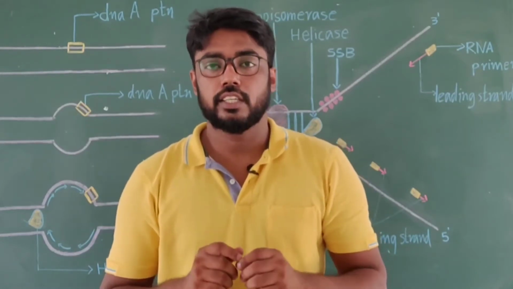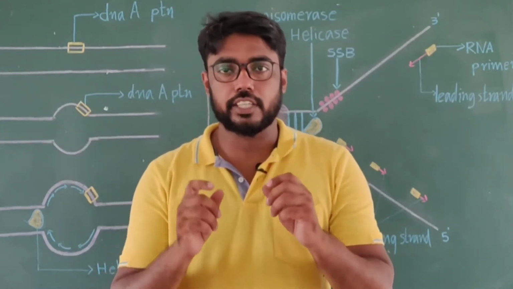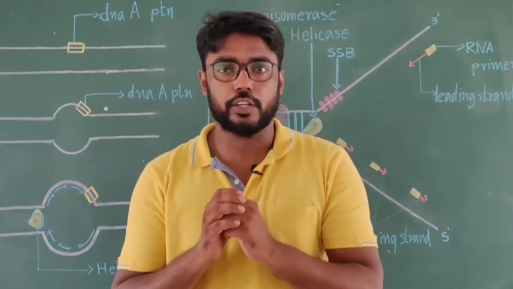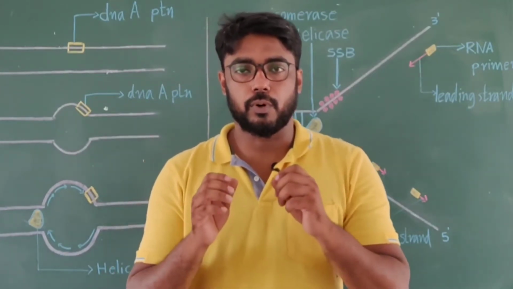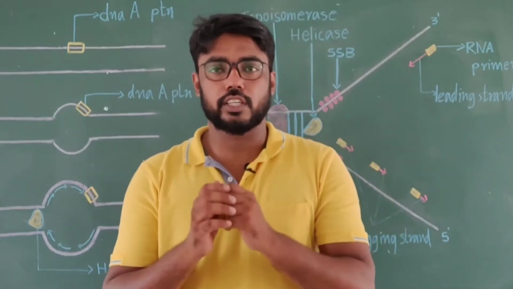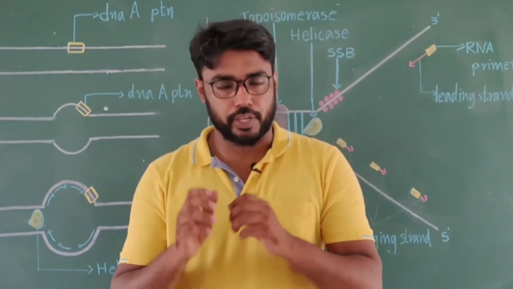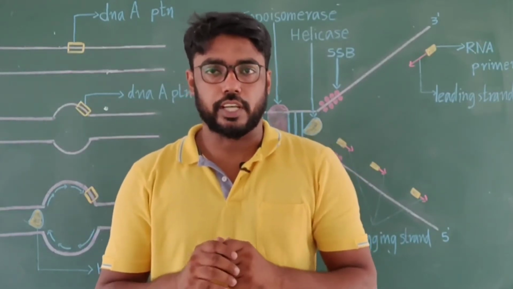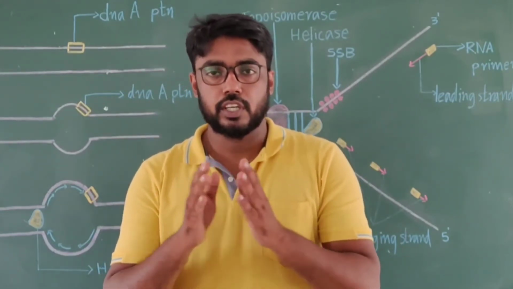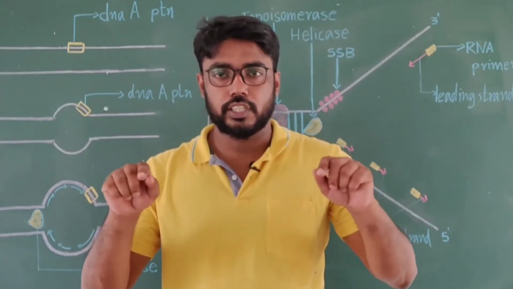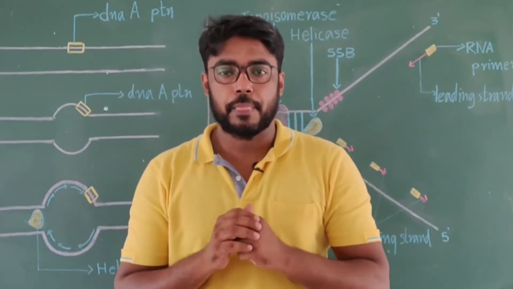Bidirectional DNA replication occurs in both prokaryotes and eukaryotes. Bidirectional means the replication occurs in both directions of the DNA.